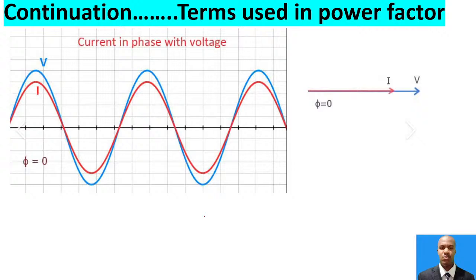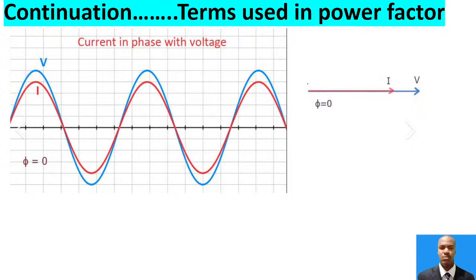And this is a good demonstration of a unit power factor, whereby if you look between the voltage and the current, we say that the current is in phase with the voltage. So that means if you visualize the two, it is like there's no difference in terms of the tilt angle.